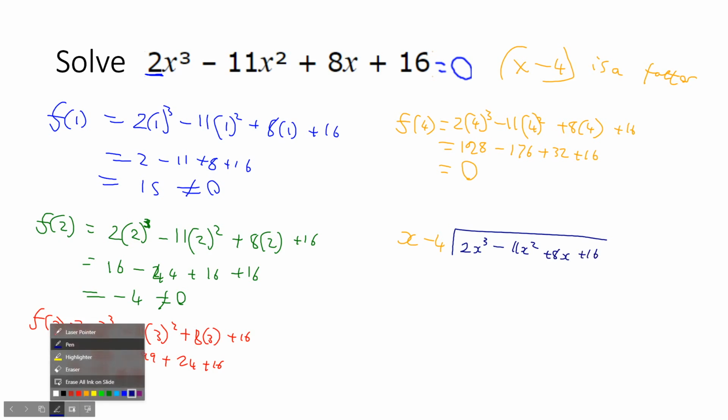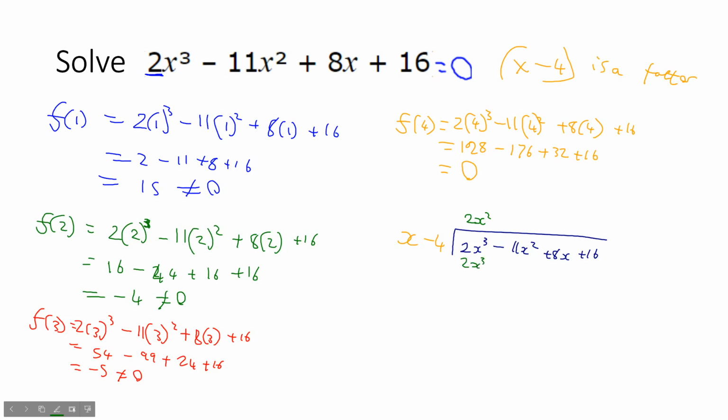And now we need to ask ourselves, how many times does x go into 2x cubed, right? It's going to be 2x squared, okay? So then 2x squared times x minus 4 is just going to be 2x cubed minus 8x squared. Notice something though, guys. These two are the same.